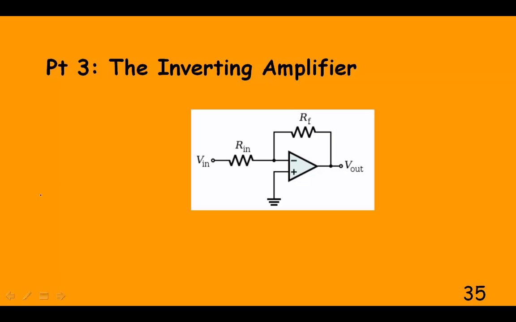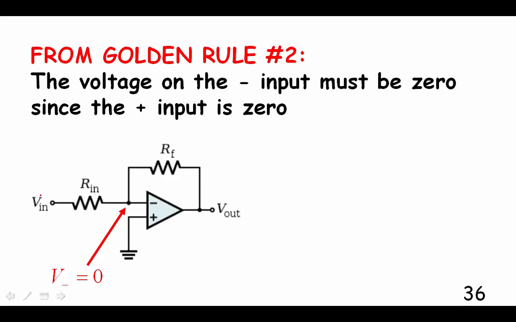Okay, an inverting amplifier. So here is the inverting amplifier hookup. Let's analyze how this works. From golden rule number 2, we know that these two pins are going to have the same voltage, and since one of the pins is going to ground, this pin right here must also be at 0 voltage.